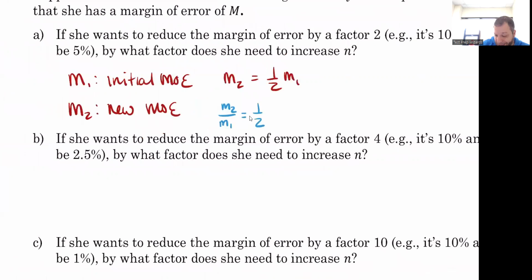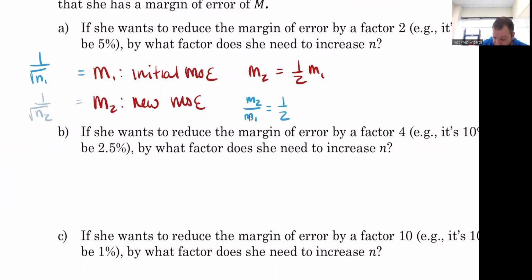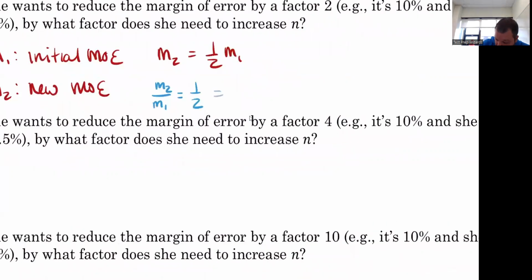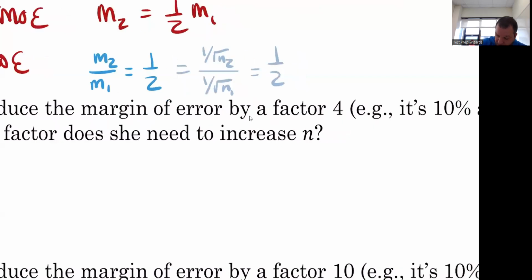So let's think about what we know. My first margin of error is going to be 1 over the square root of some sample size, I'll call it N1. My second margin of error is 1 over the square root of N2. Let me plug these in. I get 1 over the square root of N2, over 1 over the square root of N1, equals 1/2.